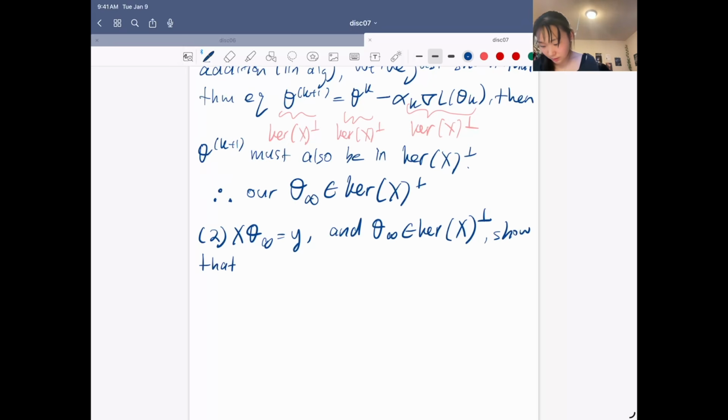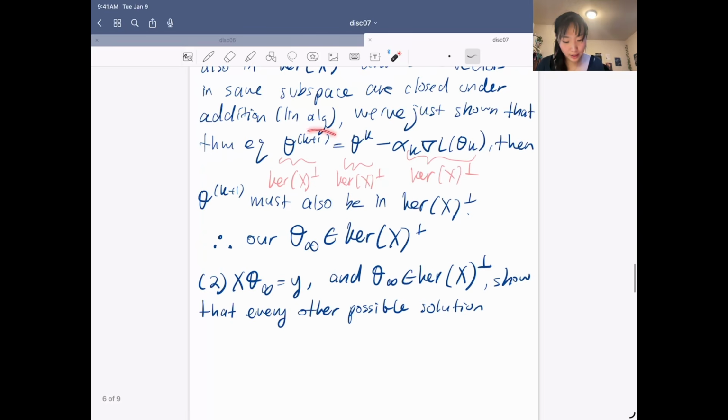Then we can show that every other possible solution, because again, in part A, we showed that there are infinitely many solutions. We just showed that in gradient descent, our theta infinity ends up being an answer that falls into the perpendicular kernel space. If we can then show that every other possible solution has a norm greater than this, then we've just proved what we want to prove.